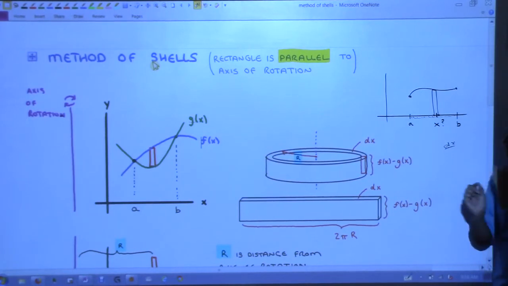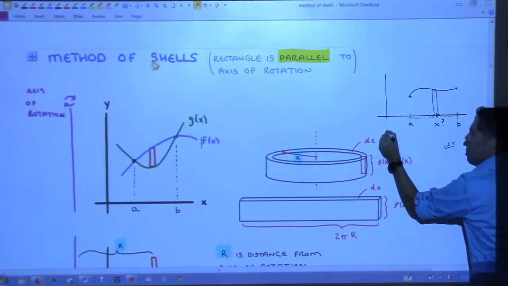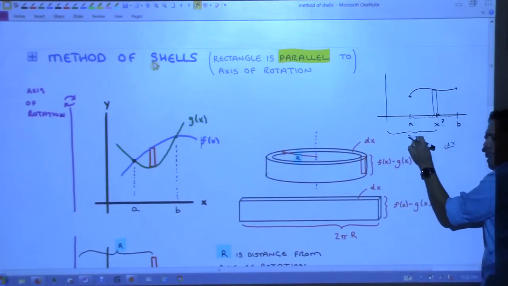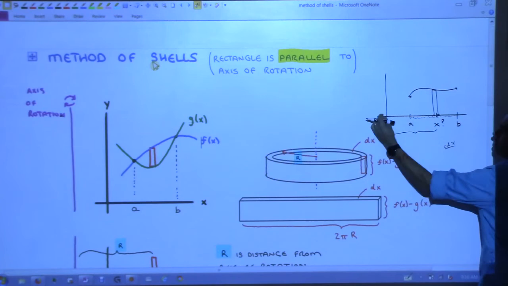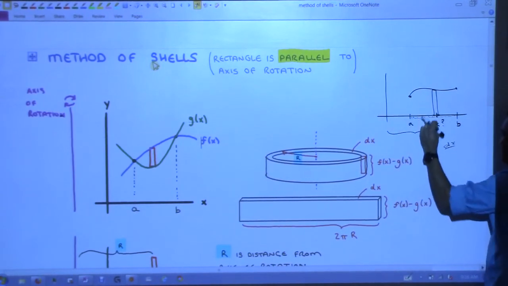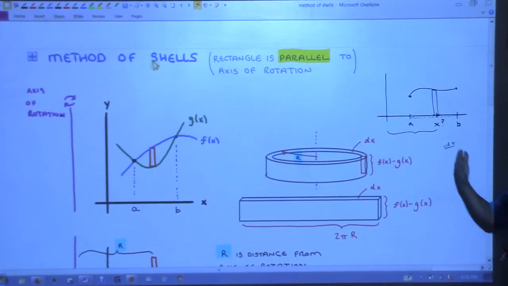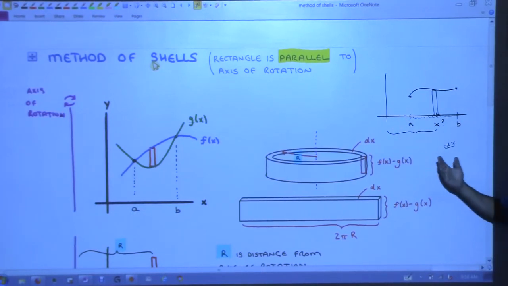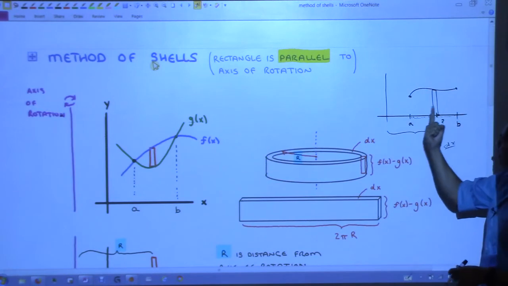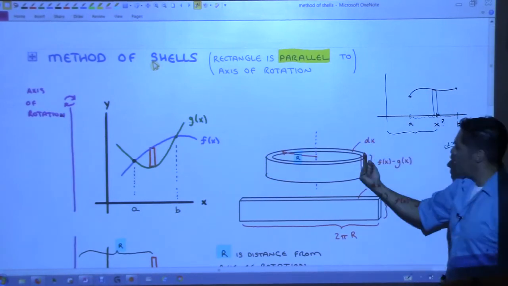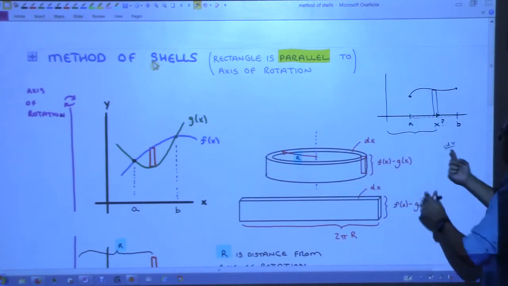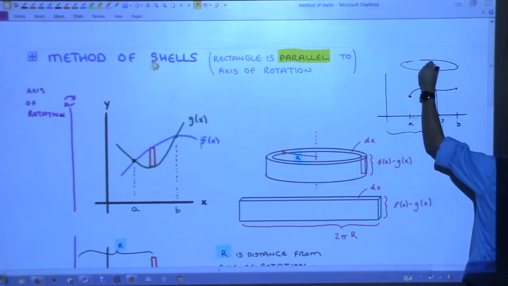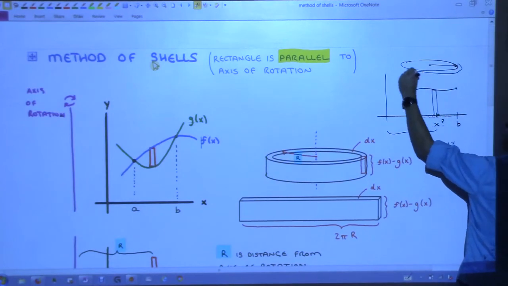Does that make sense? It is a measurement of the distance from the y-axis to that rectangle. So that is an x, isn't it? If I told you to go out to this rectangle, you'd have to walk out a certain distance, and that value is x. It's a variable because we're allowing it to change. Does that make more sense? So that's why, when I asked what the radius is, when we wrap this around and create this shell, the radius is the distance from the axis of rotation to the edge of that sliver.